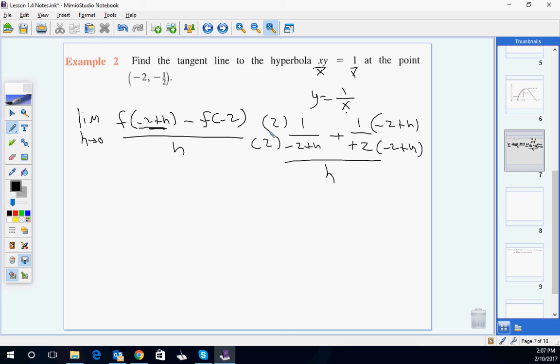Okay. So we will distribute these. So we're going to get 2 over -4 plus 2h, plus -2 plus h, all over -4 plus the 2h again. So those are the same. So now we can combine the top. So what goes away?